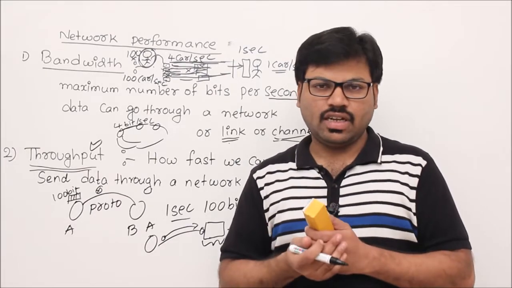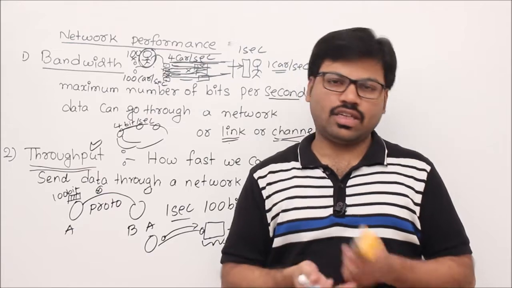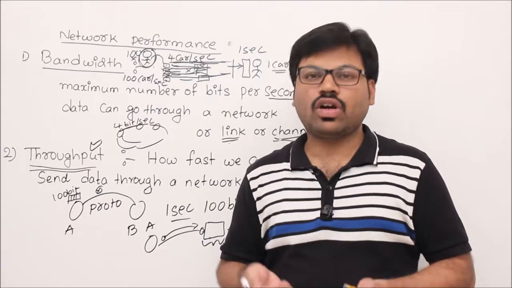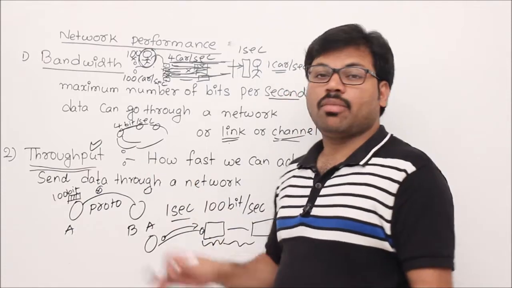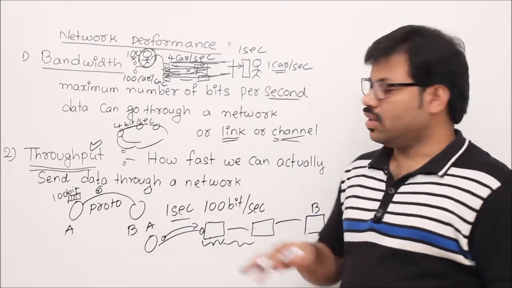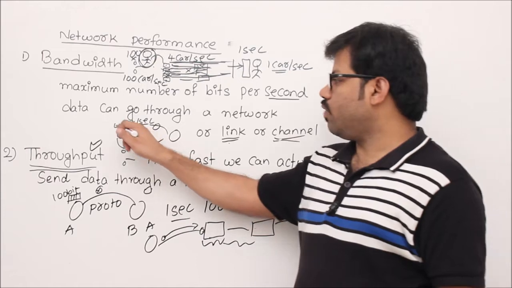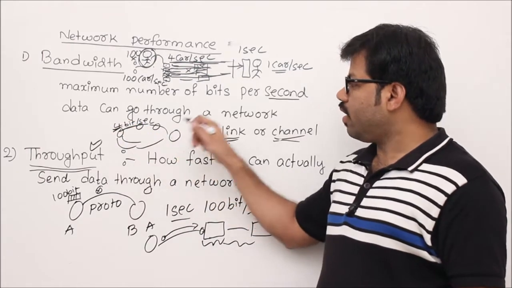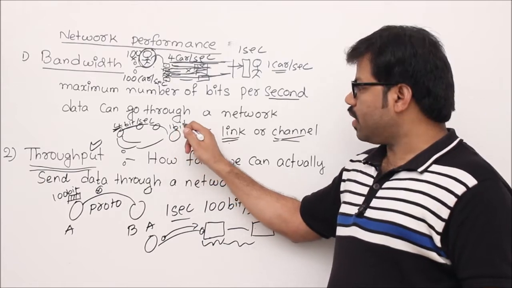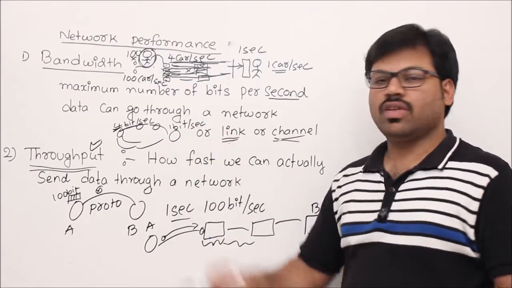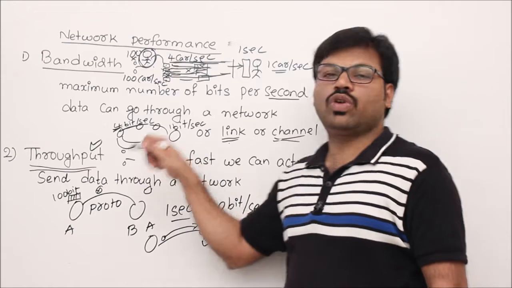They will process them, they will check errors, I mean the CRC code, everything, and there will be flow control software, everything. Because of that software, some of the bits will be stopped in between. That's why if you send 4 bits per second, you might not get 4 bits per second. So at the end of the day you are getting only 1 bit per second, that is the speed you are getting. Then we say that is the throughput of the network.